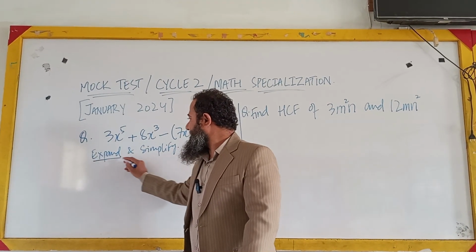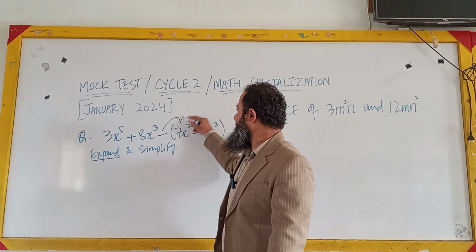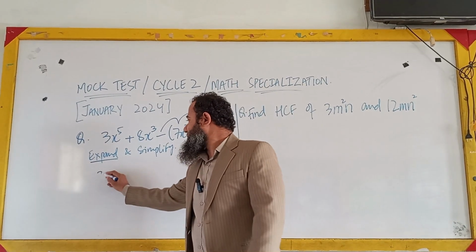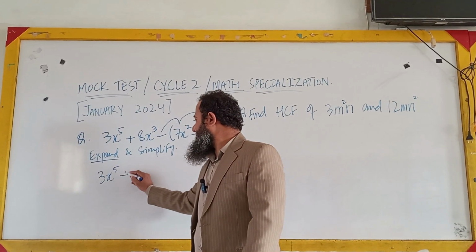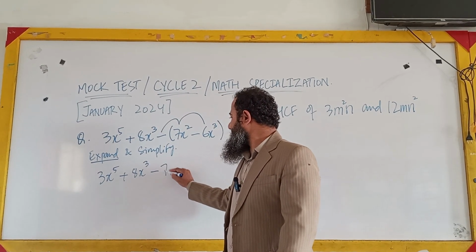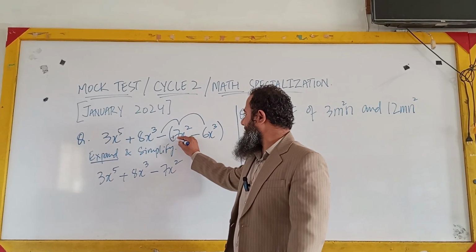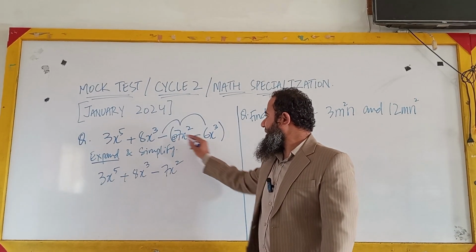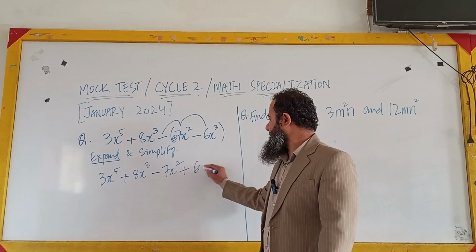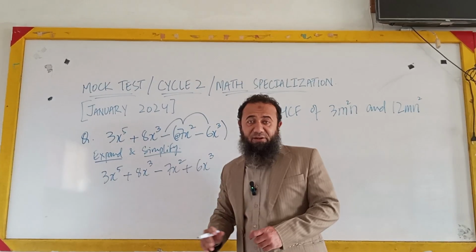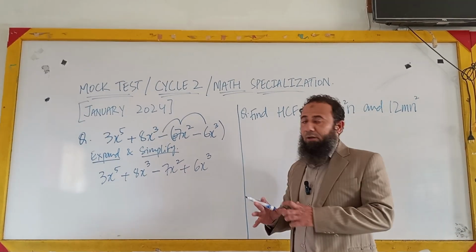To expand the given expression, we need to multiply the minus sign with all the terms written inside the bracket. So 3x to the power 5 plus 8x cubed, minus 7x square, because we have a plus sign inside the bracket, so minus times plus is minus, and minus times minus gives you plus 6x cubed. To simplify the given expression, we have to add all the like terms.